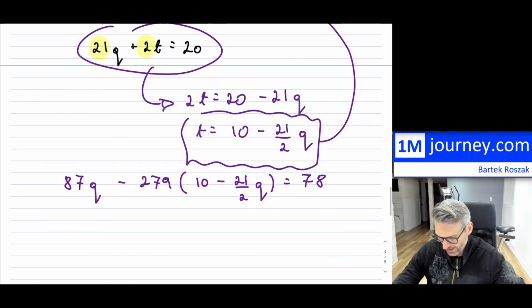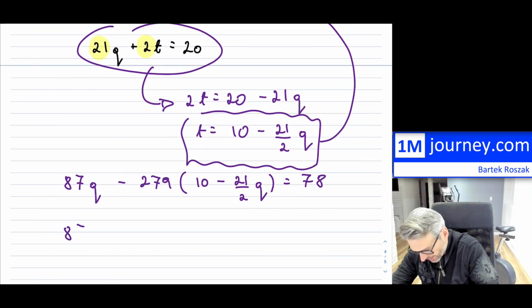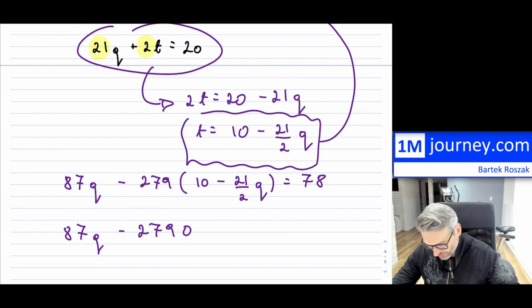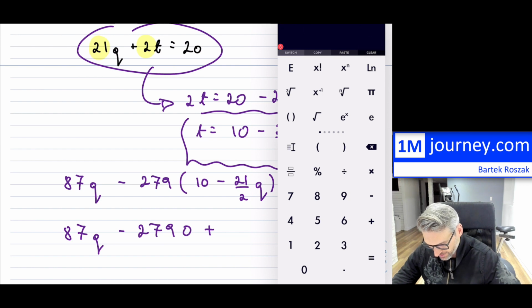So this is what I have. 87Q minus 2790, so I'm just distributing this across. This is really, really ugly. Plus, and unfortunately I have no idea what this will be, 279 multiplied by 21, all over 2.